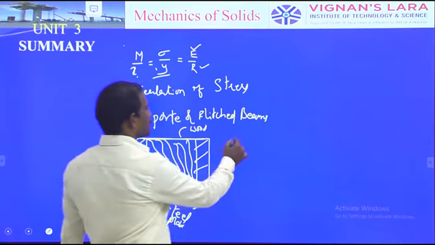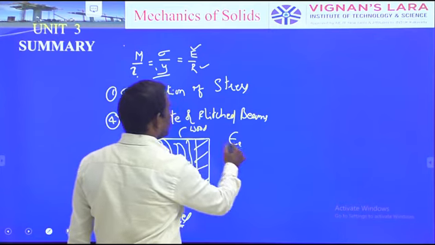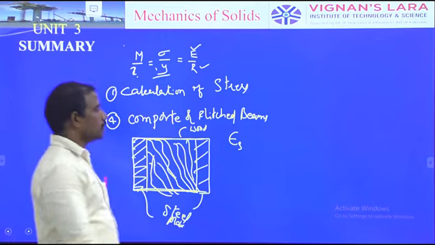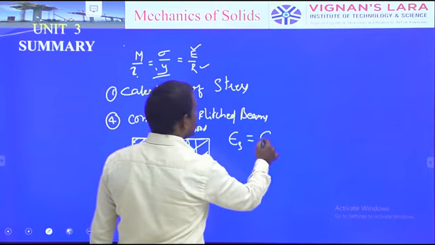For example, the strain in the steel is represented by epsilon s, and then the strain in the wood.